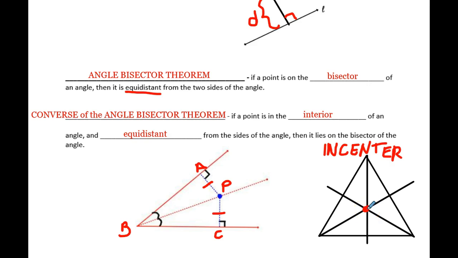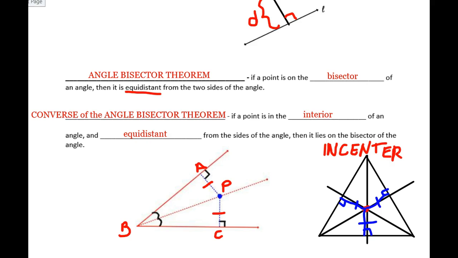So if I go from this incenter and find a perpendicular line from the incenter to the sides, then these 3 blue lines, the distances from the incenter to the sides, are all going to be the same. Okay? So those are the qualities of an incenter.